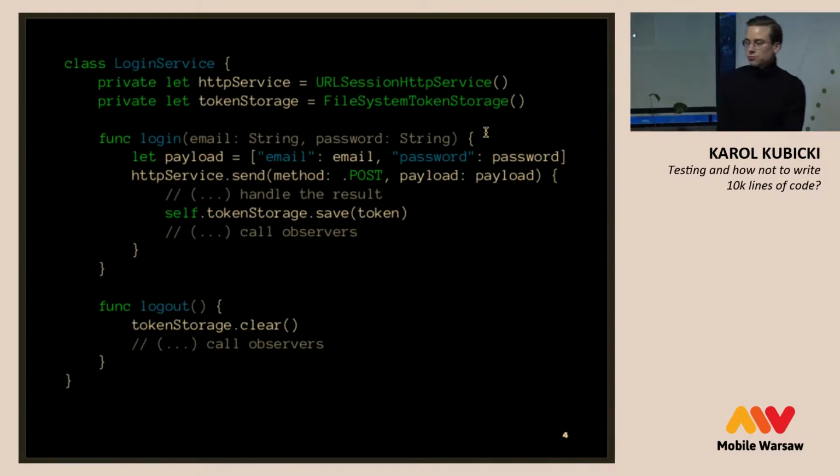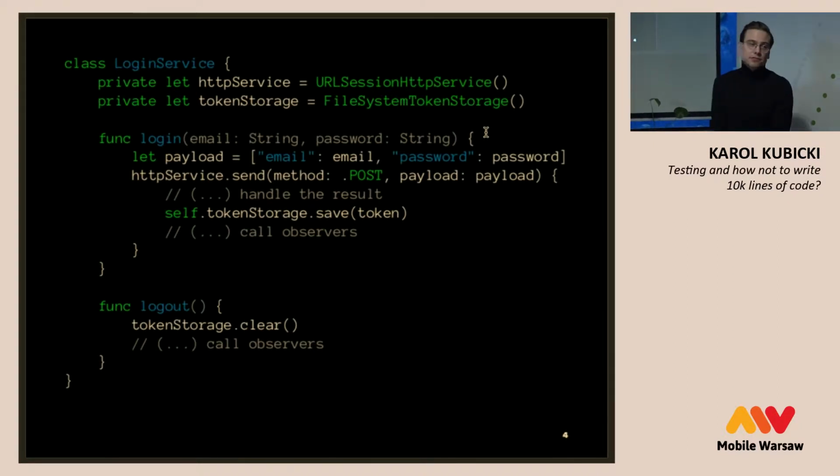What I didn't show here, because this is a very simplified thing, is any parsing or calling of observers, callbacks, etc. So yeah, don't be hard on me here. And logout is simpler. It just clears the token storage and maybe calls some observers, right?